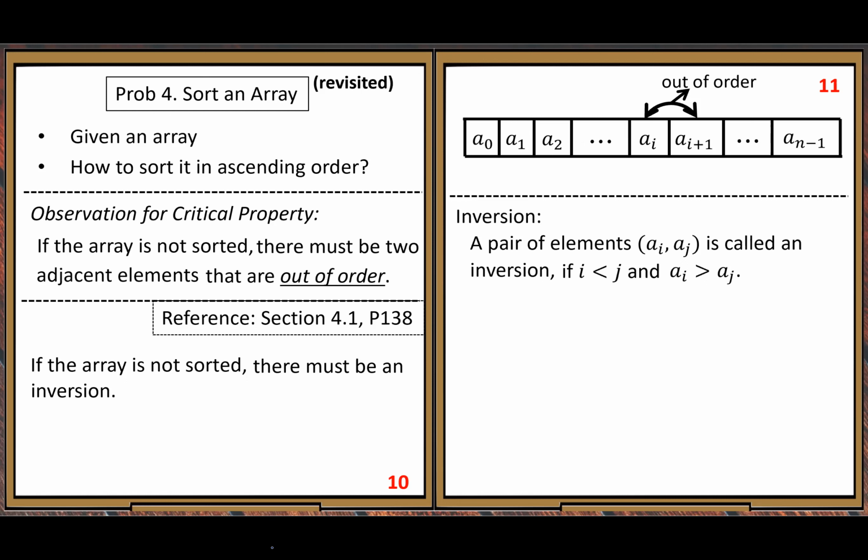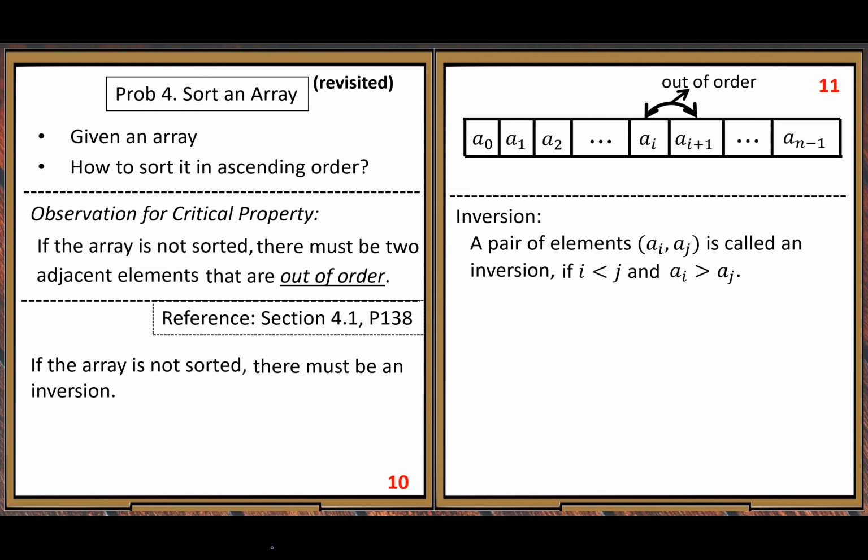So our statement is, if the array is not sorted, there must be an inversion. You can use the contrapositive method. If there is no inversion in an array, then the whole array must be sorted, in ascending order. If you can find one inversion, it is not sorted, not in ascending order.